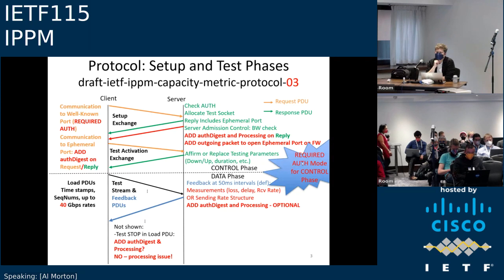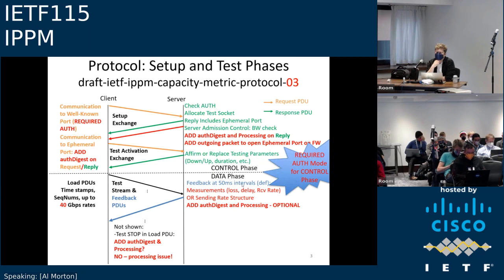And for the newly required authentication mode for the control phase, we've added the authentication digest and processing on all the requests from the client to the server and all the replies from the server to the client in both test setup and test activation. So that's a very complete authentication mode now. We've also got an optional authentication mode, which takes care of one of the messages of the data phase.